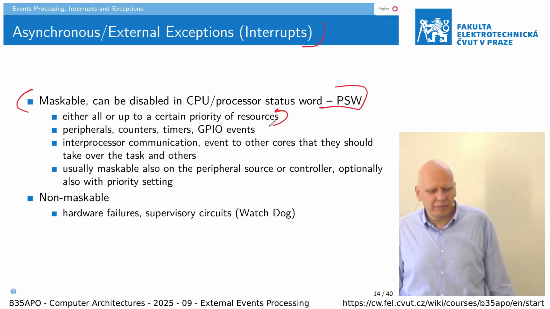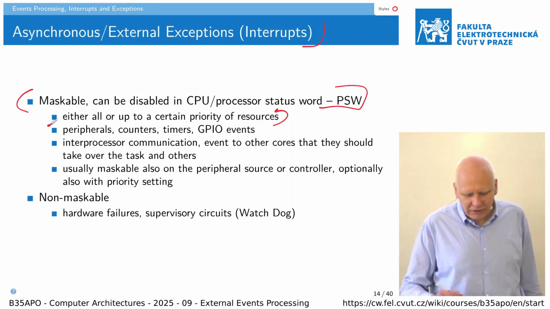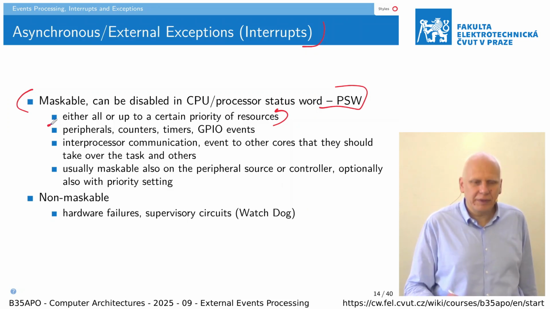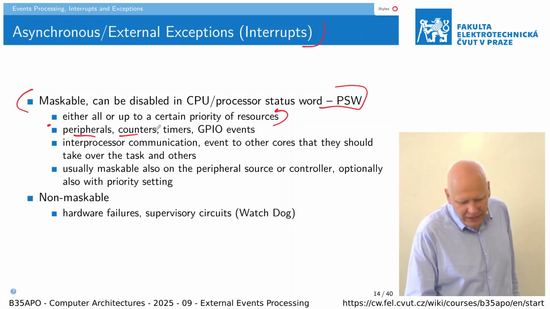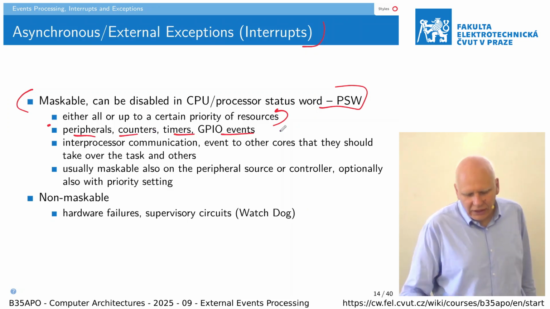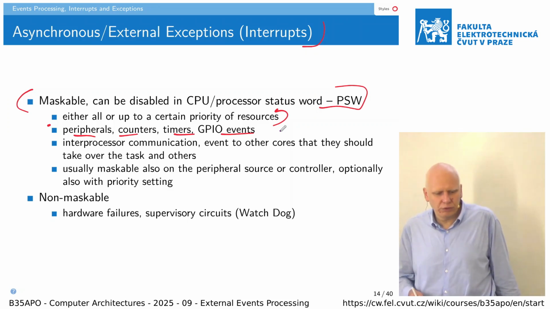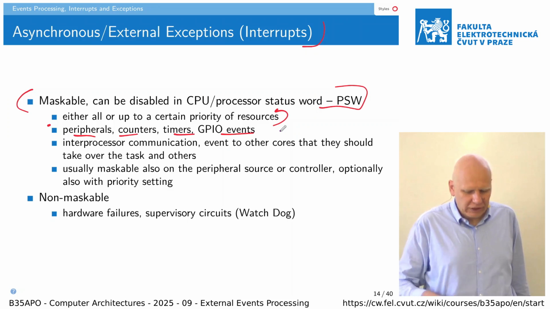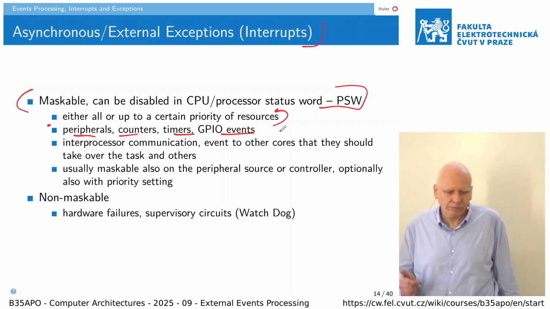Then there can be some registers and controller which allows to disable the individual external interrupt source. It can be peripherals, counters, timers, GPIO, general purpose input-output events, and so on. For example, change of value on some input pin.